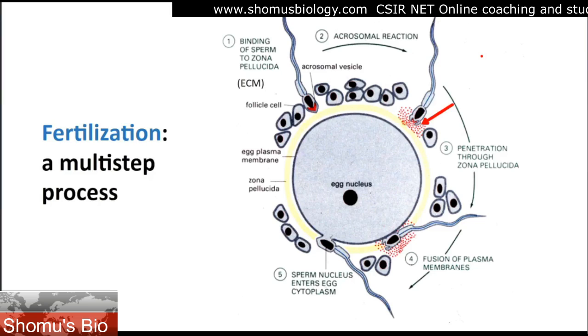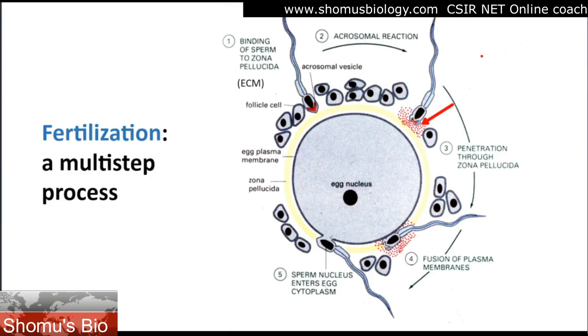The process of fertilization always needs to be explained with sea urchin fertilization, and it is a sequential event itself. Here you can see that the process begins with the binding of sperm to the egg's extracellular matrix.